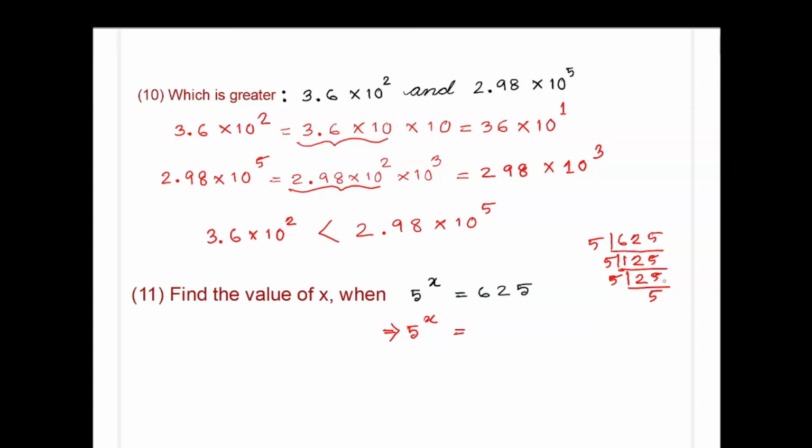Okay. So 625 we can write as 5 to the power 4. Now see, here 5 to the power x and 5 to the power 4. Between these two exponential expressions, what symbol is there? Equal. That means what? Both the exponential expressions are the same. If x is equal to 4, already they have given the same. That means definitely the value of x is the same. So you can write like that.